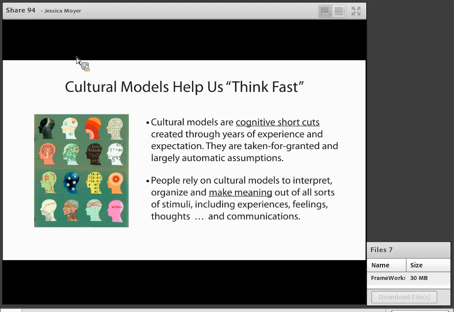We're maybe not attentive to how this new information breaks the mold, how it's different from the lifetime of experience that we bring to this new situation. So when we're wanting folks to think more critically or to understand a social issue differently, the fact that these cultural models are out there presents a bit of a challenge.